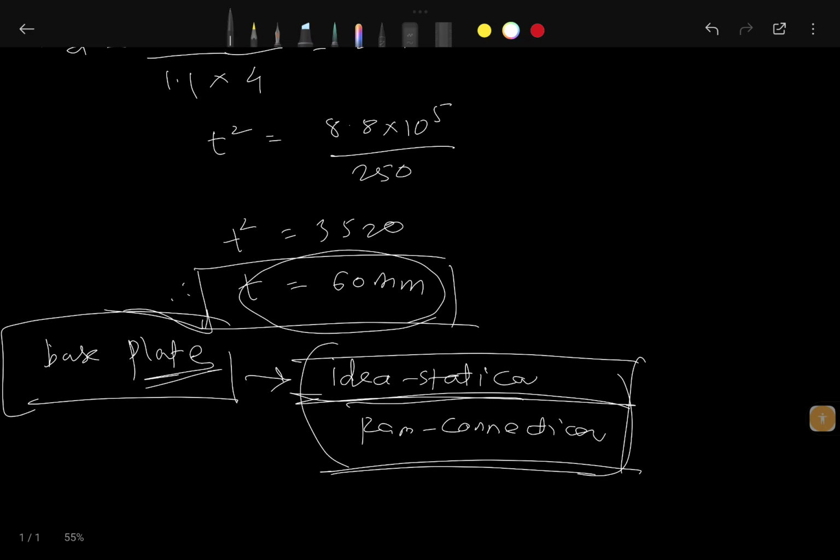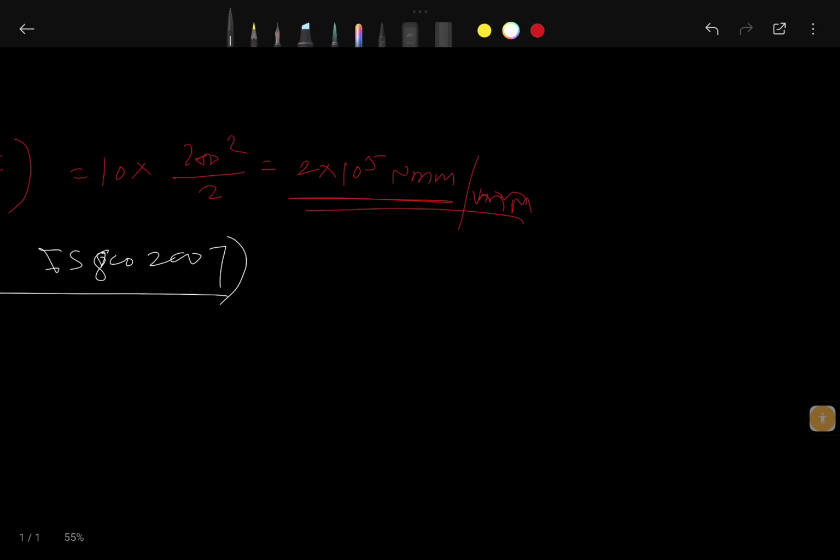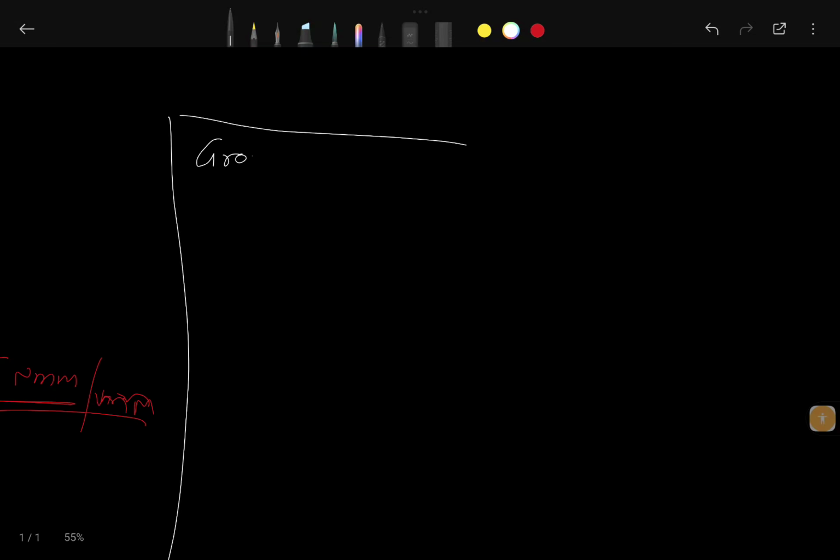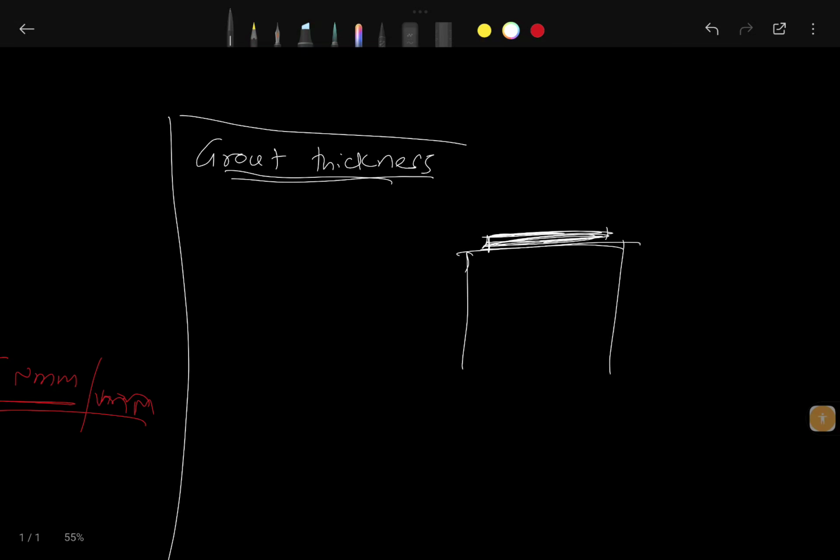Second point, the grout thickness. The grout is a layer of high strength cement mortar used to level the base plate and ensure uniform bearing on the concrete pedestal. On the top of the pedestal we use the grouting, and above this grouting we place the base plate.